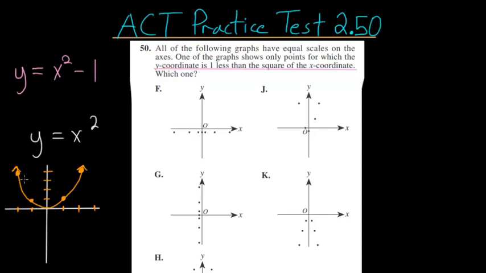Now, this is the graph of y equals x squared. But we're concerned about the graph y equals x squared minus 1. And the only difference between these is that essentially all of our y values along this curve would be shifted down 1 unit. So for instance, in here, when I put in the value 2 and I squared it and I got 4, that gives us this point here. But up in this graph, if I put in 2, I square it and I get 4, and then I have to subtract 1.